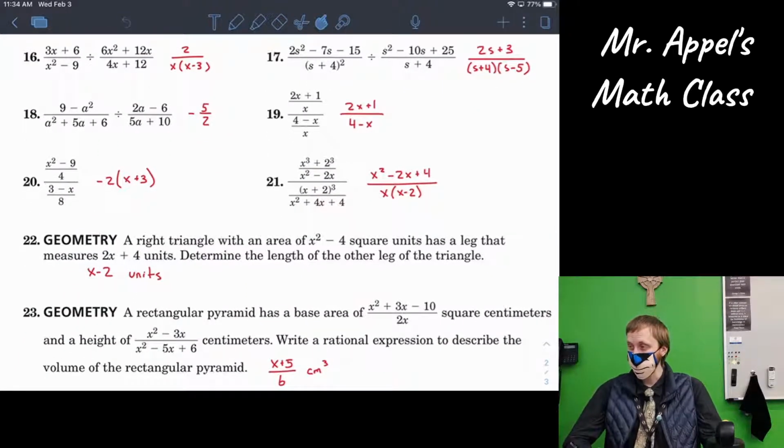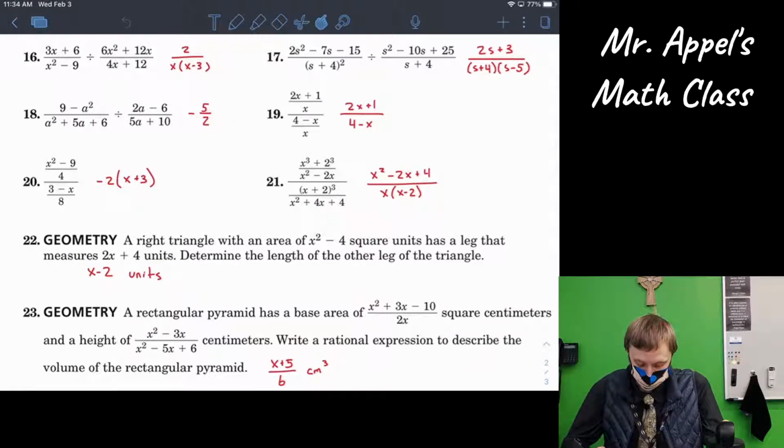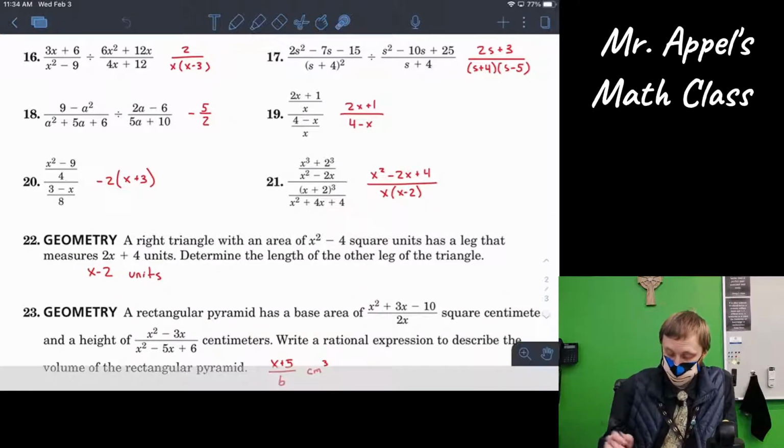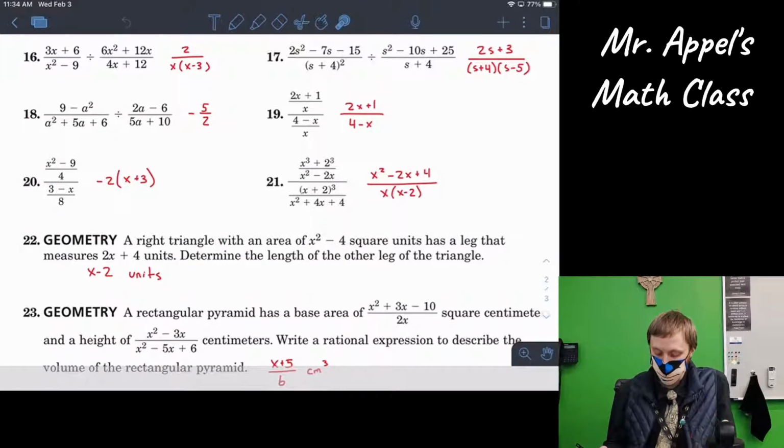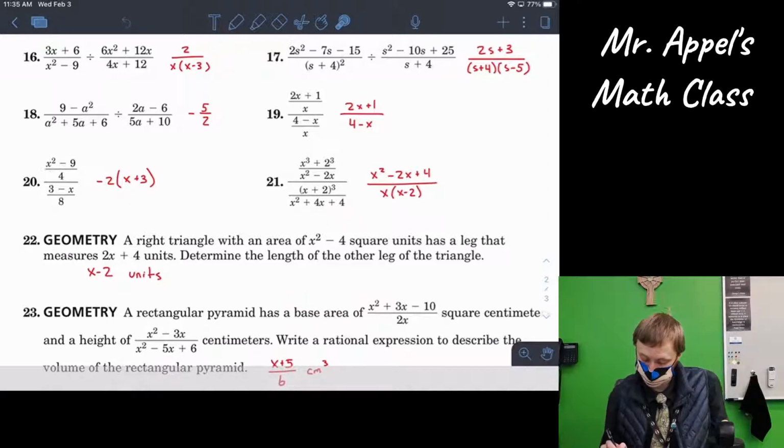All right, and then the word problems down there as well. If you are determining the length of the other leg of a right triangle, you are, of course, using Pythagorean theorem. So you're going to set up your, I'm sorry, because this is area, my bad, not hypotenuse.